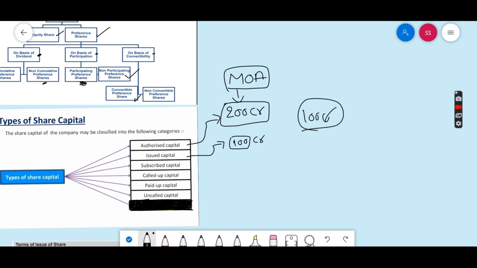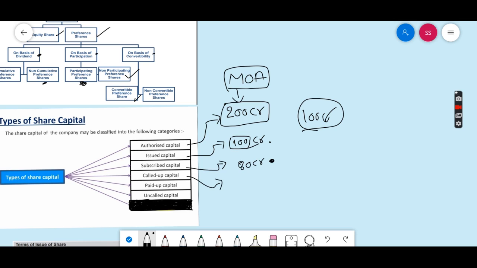If the people like your idea, if the people like your company, they may subscribe all 100 crores, or they may subscribe less than that. Let's just say they subscribed only 80 crores, right? That means you want 100 crores, but the people agree to pay you only 80 crores. That is subscribed capital, and then called up capital.